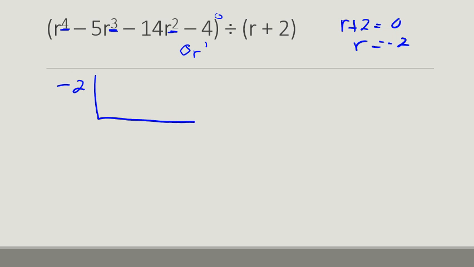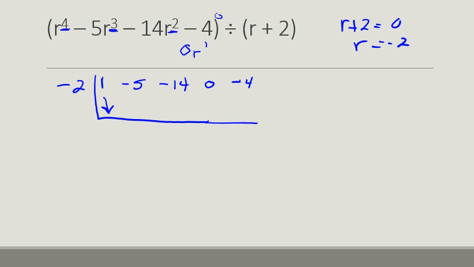So I've got 1, negative 5, negative 14, 0, and then negative 4. Okay. So if I have a power of 4, I should have 5 numbers here. If I've got a degree of 3, I should have 4 coefficients that I've written down.